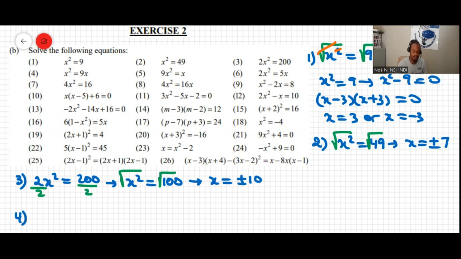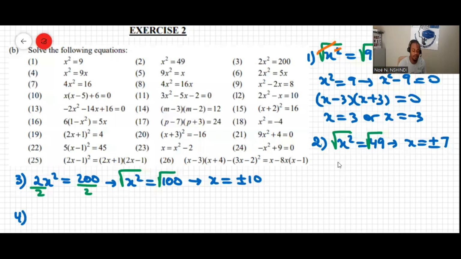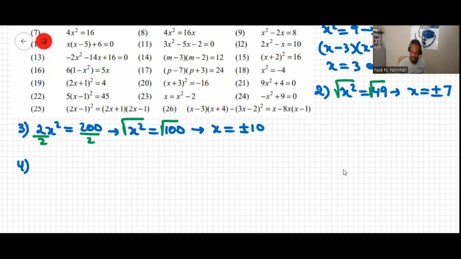For question 4, x squared equals 9x. As I was saying, even though this 9 here is a square number, x is not a square number, you see.